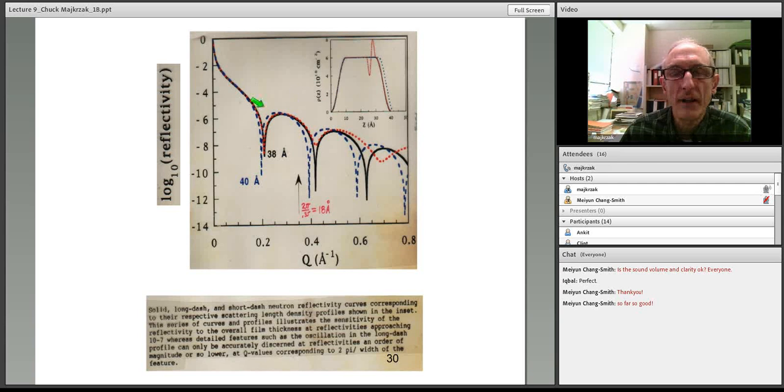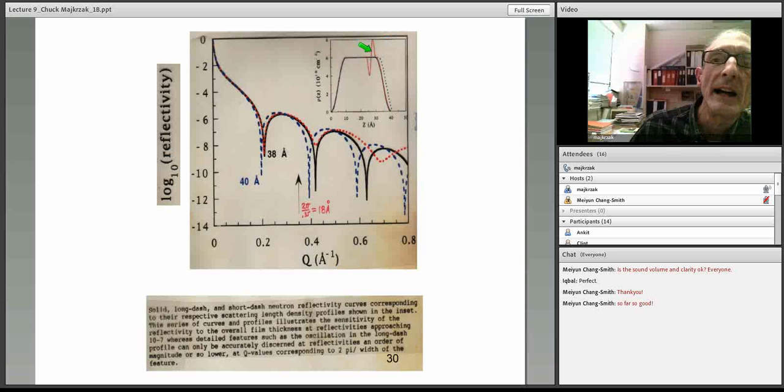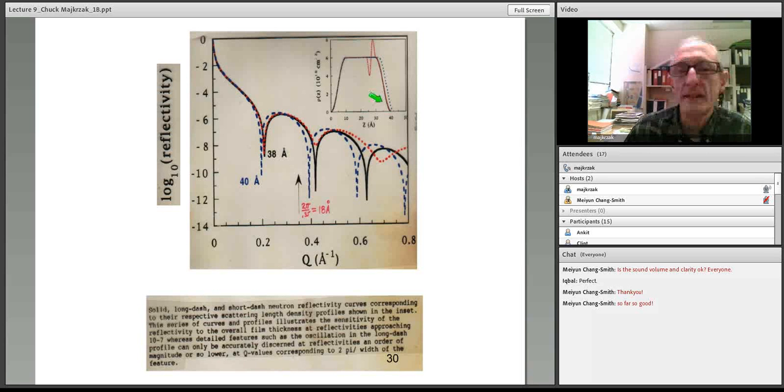So it's kind of paradoxical: to get very detailed information about the length scale of certain features, you need to go to very high Q, but you don't need to go to such high Q if you just want to extract information such as the total thickness of the film. That can be found at the first minima to very high accuracy, to a few angstrom accuracy. So just a peculiarity that I want to call to your attention.